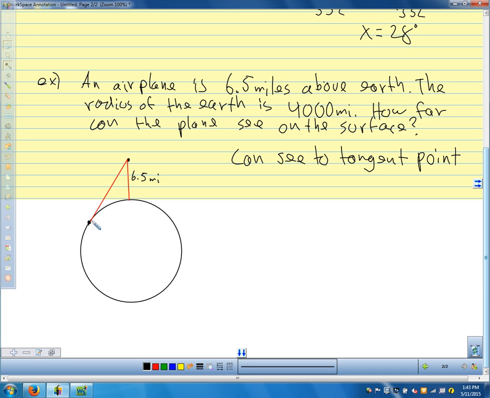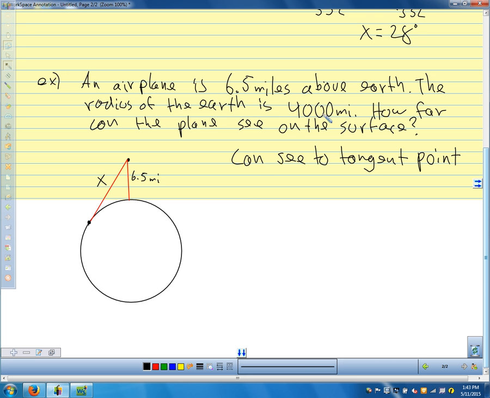So there's my tangent point. And that's what we want to try to find. We want to find that length. What are we going to do here? It's going to have something to do with a triangle.